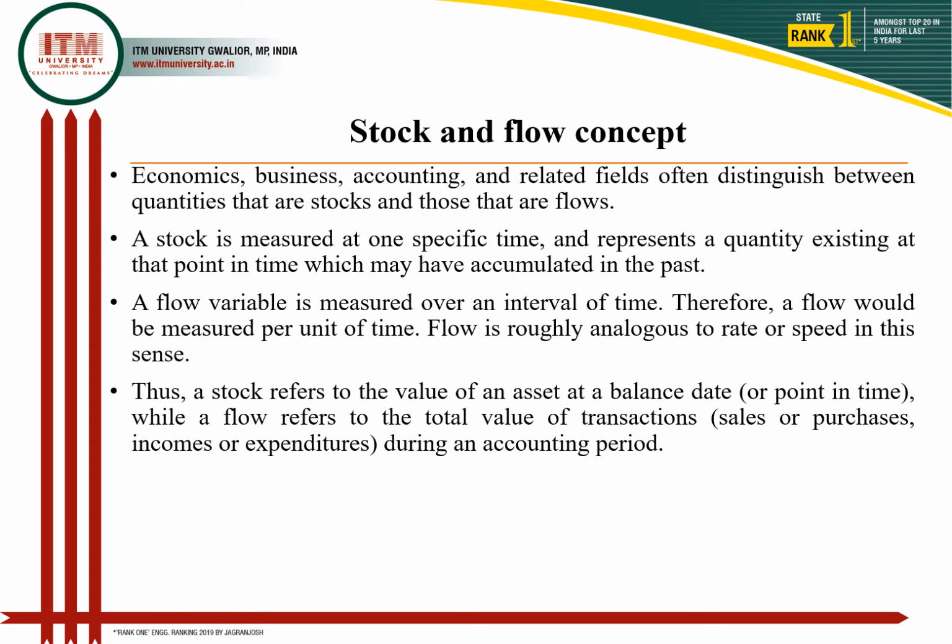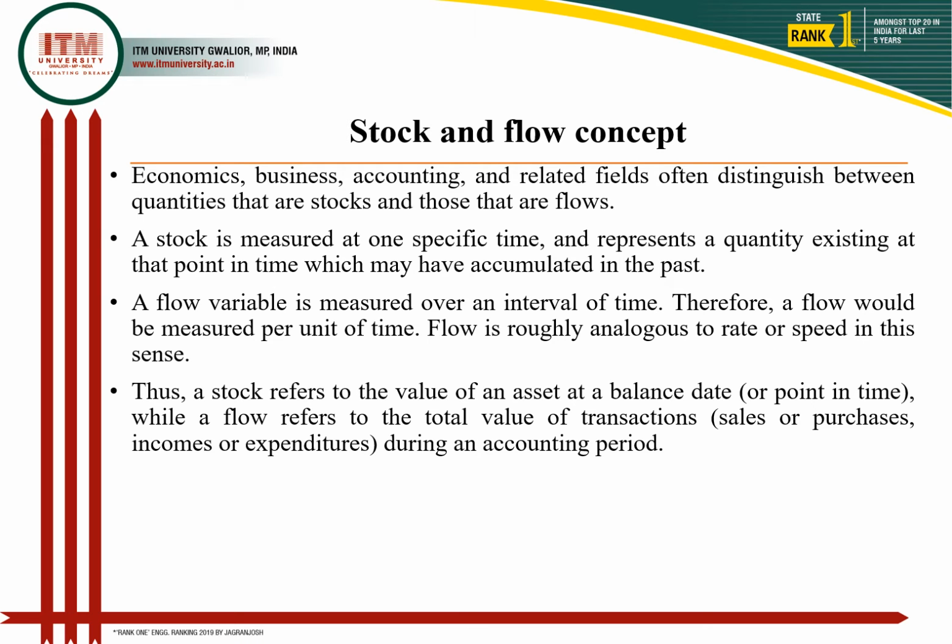Stock is a concept which does not have any time dimension. That's why it is a point of time, because a point does not have any dimension, while flow has a dimension. So stock is a static concept, while flow is a dynamic concept.